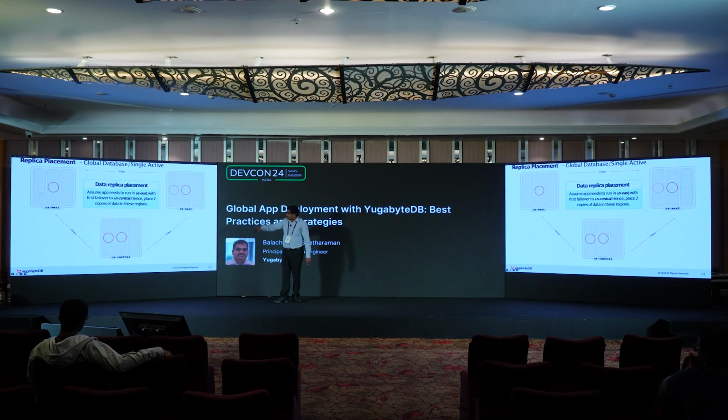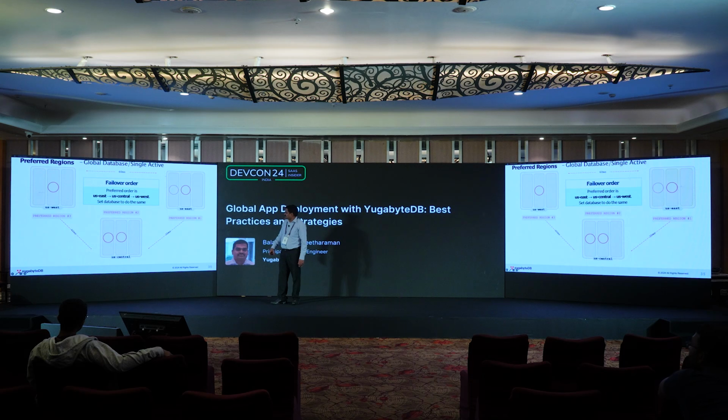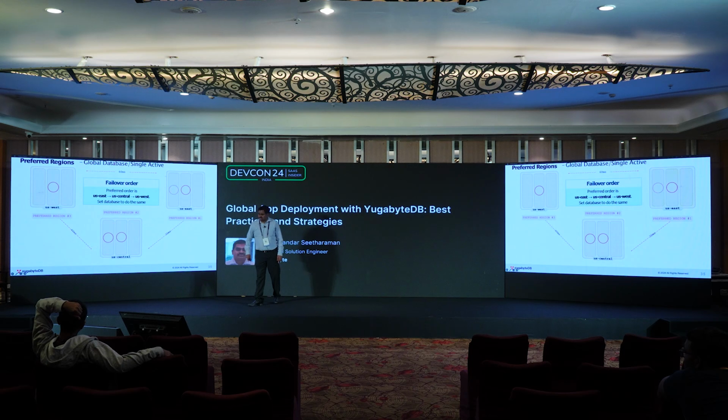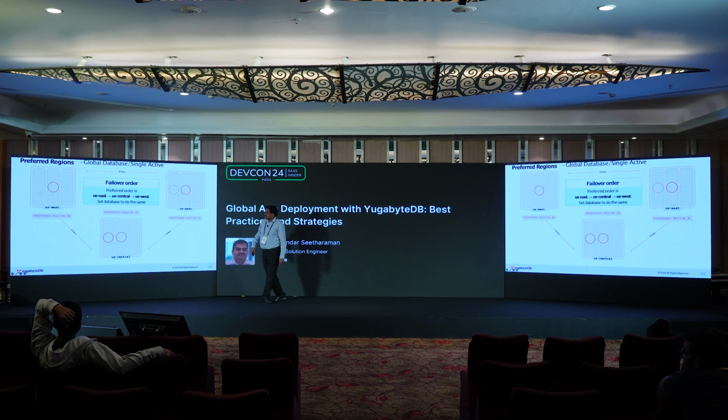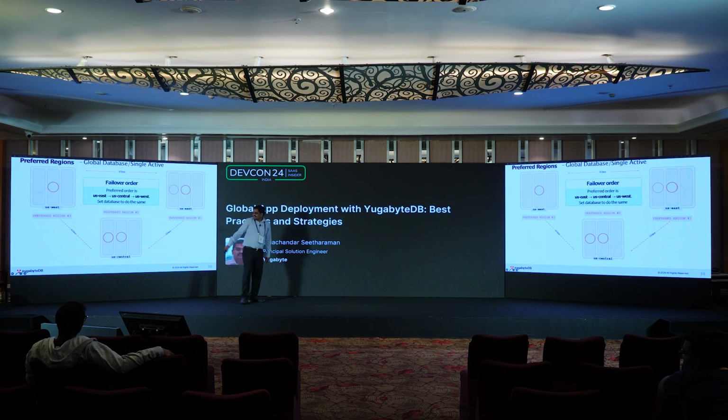In this case, it is a single active requirement. My preferred region is US East, preferred region 2 is US Central, and preferred region 3 is this one. If US East goes down, Central will be elected as leader. Till East comes back, that is the only node that has to take care of it, but it is not going to impact your performance much, because it is only 40 milliseconds, so there is a 10 millisecond lag increase.